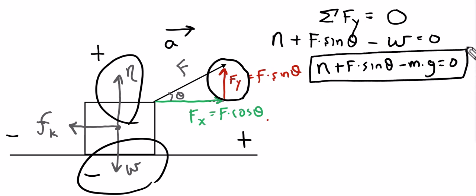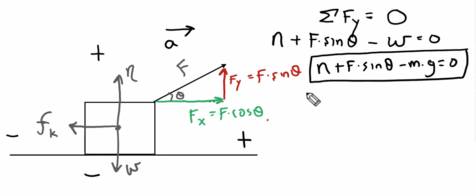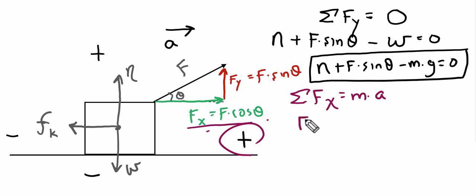We can go ahead and set up second law along the x-axis because it is accelerating. We only have two forces. We have the horizontal component, which is positive, and then we have the friction opposing it, which is Fk, kinetic friction, and that's m times a.